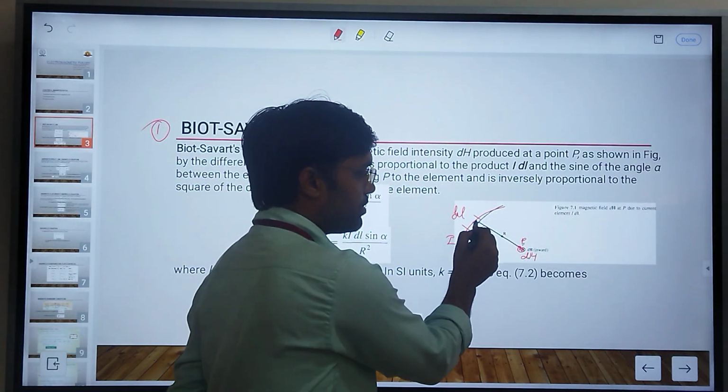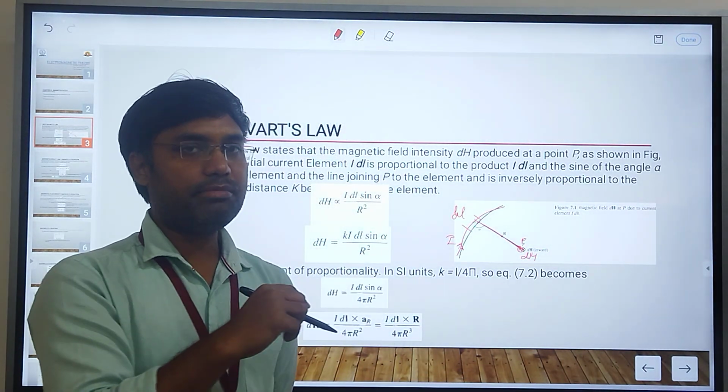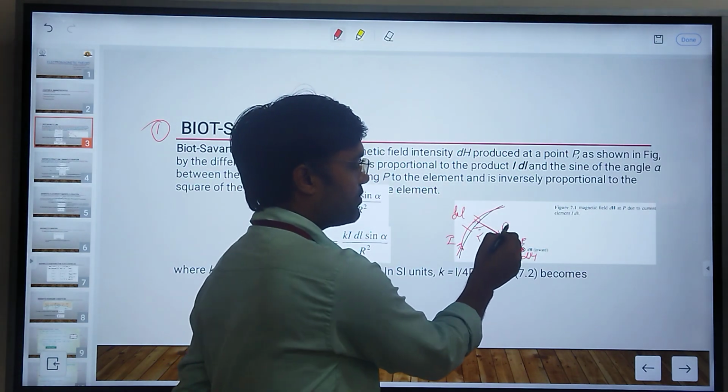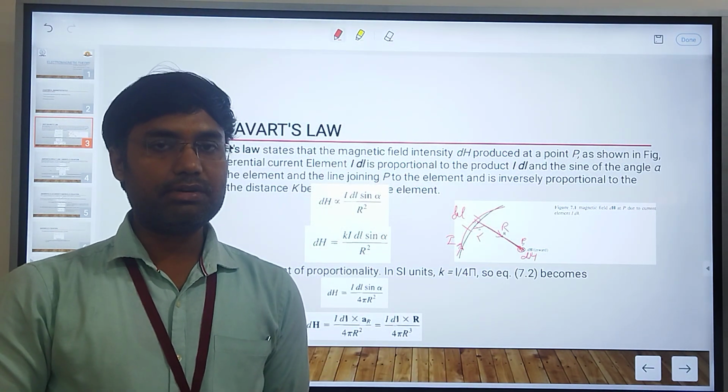We connect this point to the differential element by making an angle alpha, and the distance from point P to the differential element is r.